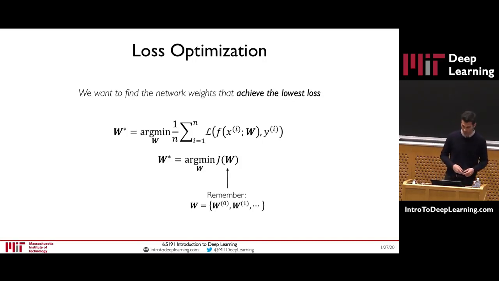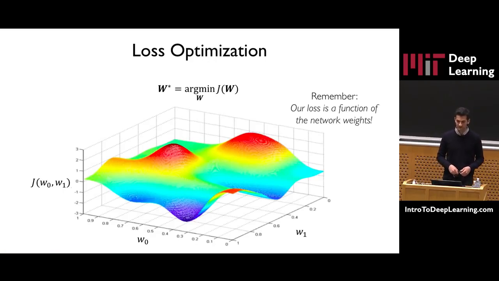It's a very complicated problem. And remember that our loss function is just a simple function in terms of those weights. So if we plot, in the case again of a two-dimensional weight problem, so one of the weights is on the x-axis, one of the weights is on this axis, and on the z-axis we have the loss. So for any value of W, we can see what the loss would be at that point.